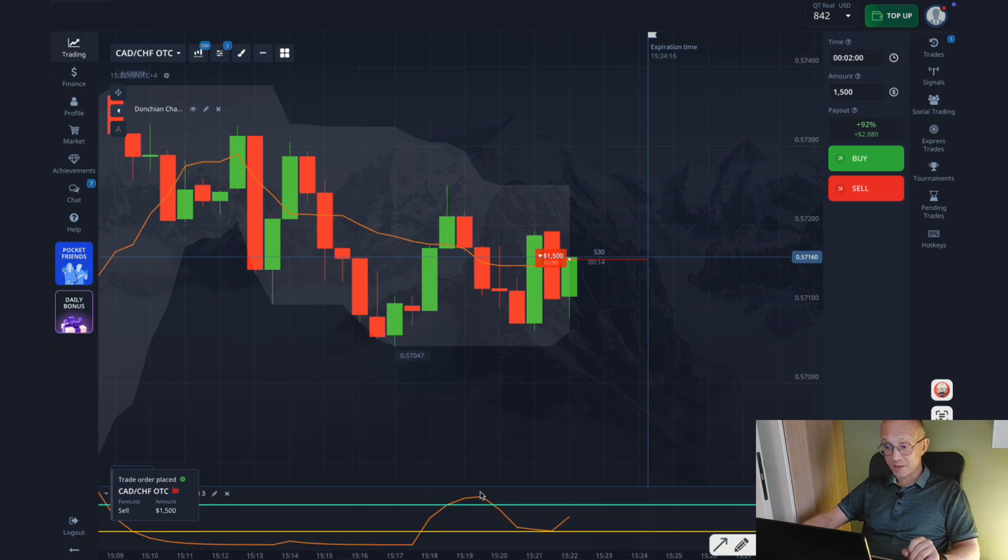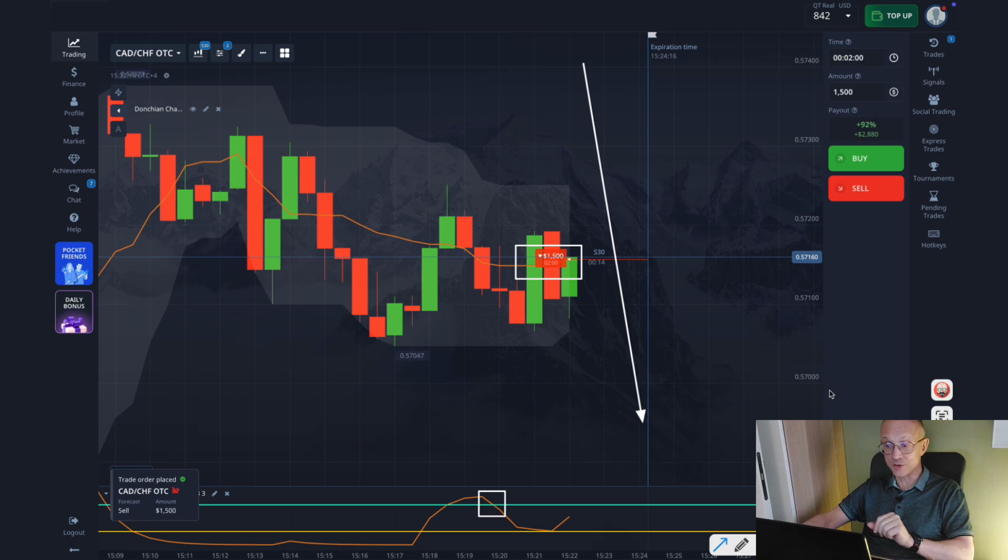All conditions are met and the chart is behaving exactly as expected. This is an excellent entry point as all signals confirm the correctness of the chosen strategy. I'm currently observing a local sideways movement, and based on the current situation, I assume that the candles will soon break out of this range downwards.